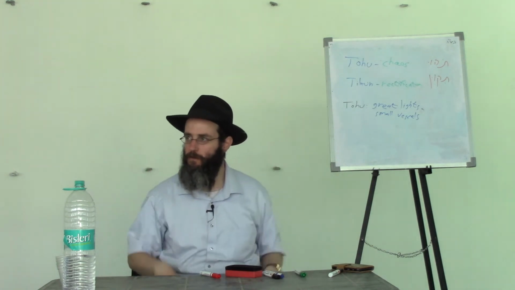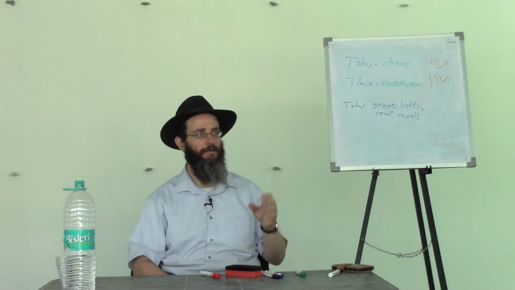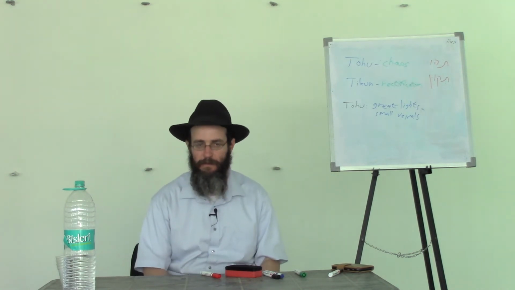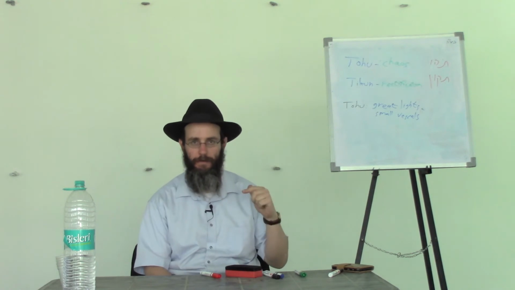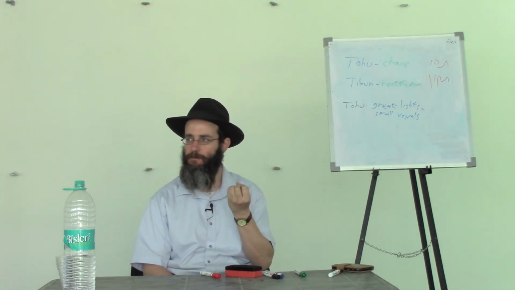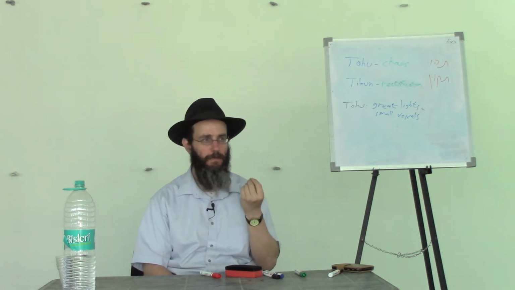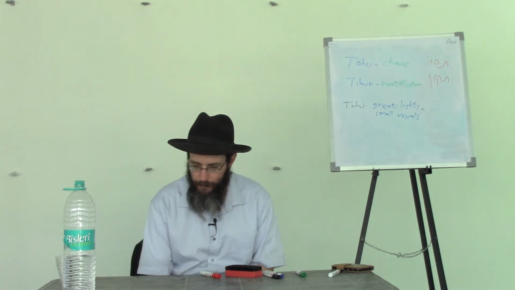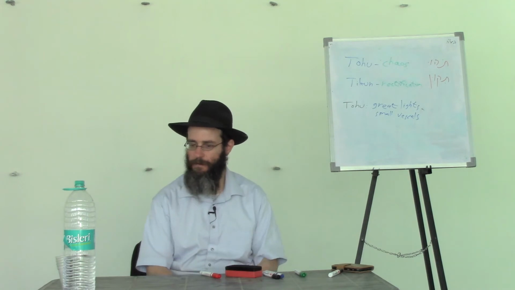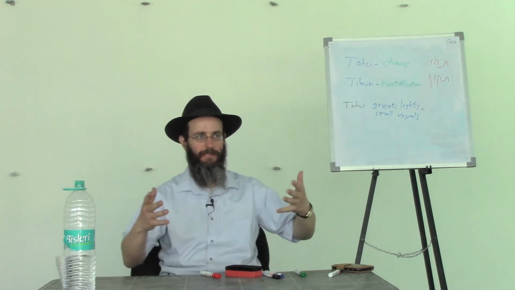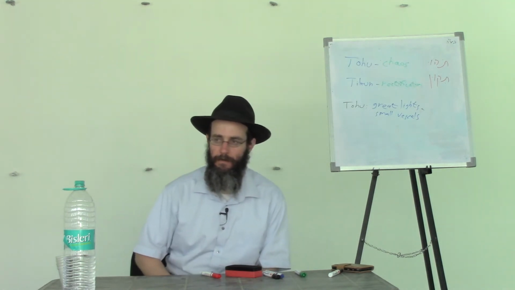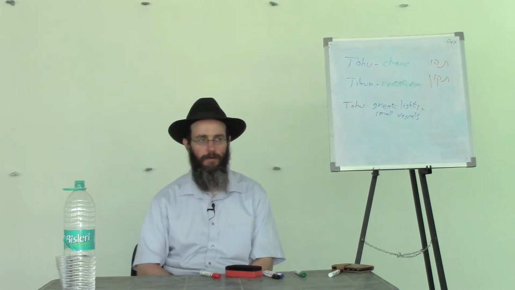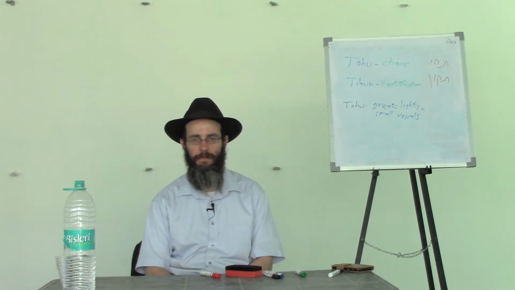Great lights, orot merubim, but small vessels, kelim mu'atim. This could mean few vessels, but more importantly, it means that the vessels were not fully developed. They were immature. They were too stiff. They weren't flexible enough in order to expand. And there is a reason he does this. He knows it's going to break, but he does it anyway.